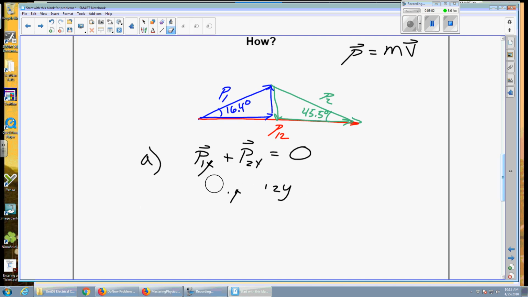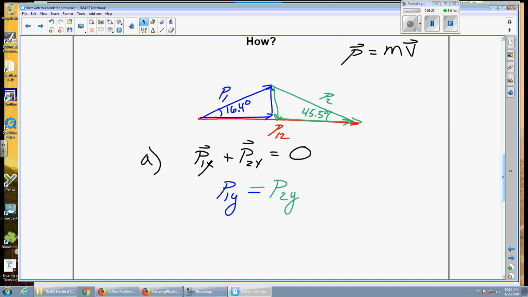Oh, I'm going to do those again in color. Just make it pretty. P1y equals P2y. Isn't that pretty?